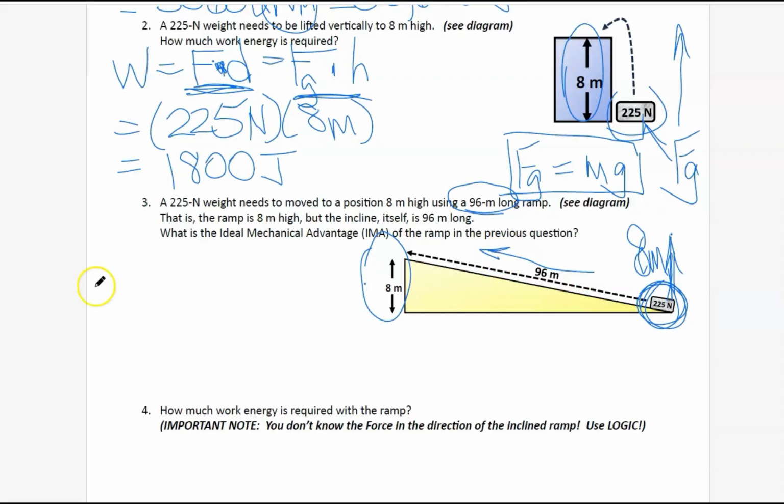So the ideal mechanical advantage is a ratio, and it can be written in two very different ways, but the ratio is exactly the same value of IMA.